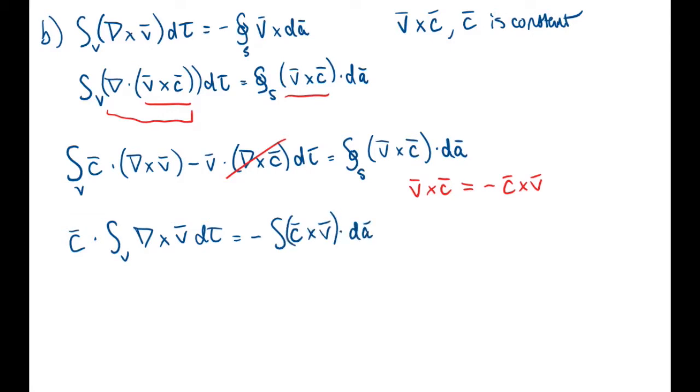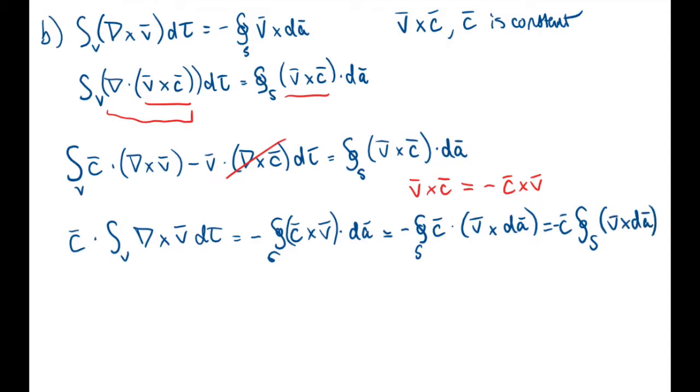And now the cyclic property of the dot and cross product says that that is equal to c dot v cross dA. And then we can, again, pull out the constant, c dot the integral of v cross dA. And just like in part A, because c is an arbitrary vector, we can cancel it, leaving us with the result that was intended.